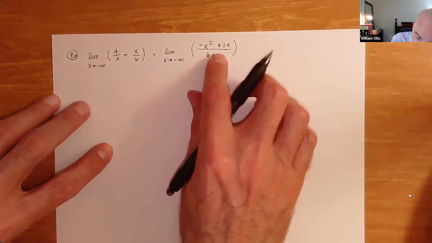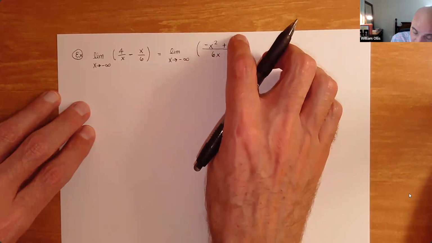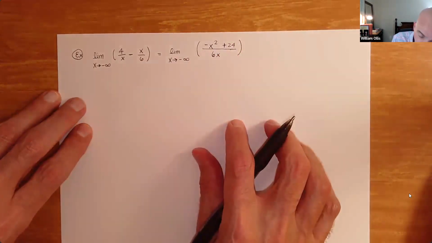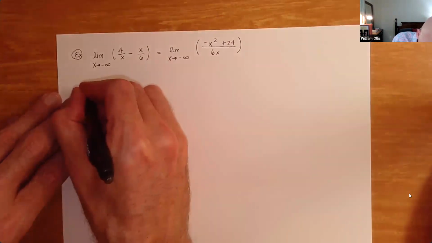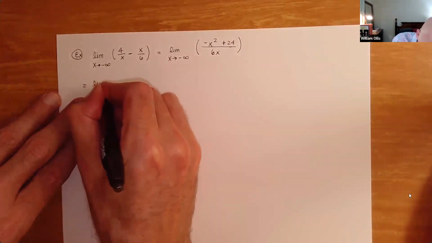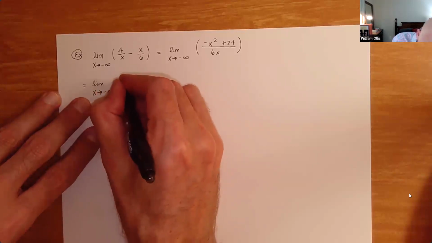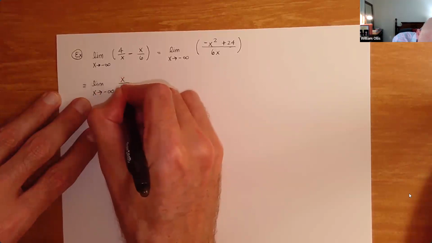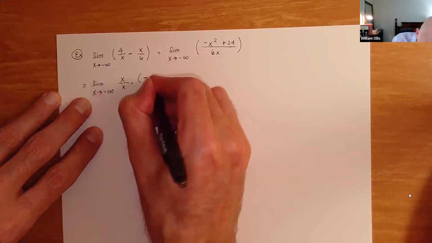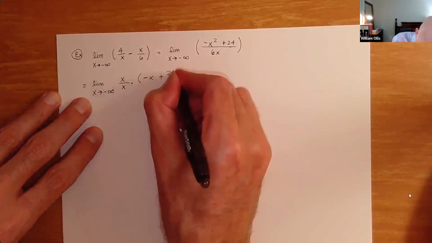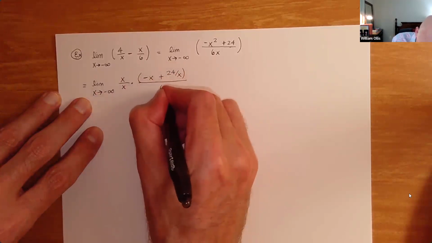And now we've dressed this as a rational function, the ratio of two polynomials. So now let's go ahead and factor like we did in the previous. Now what we see is that the degree of the numerator is bigger than that of the denominator. So this will give us, let's factor the x's. So we have the limit as x approaches negative infinity. So we have x and we have x, and then we're left with negative x plus 24 over x, and then downstairs, we just have a 6.